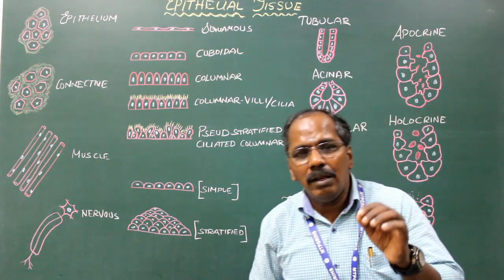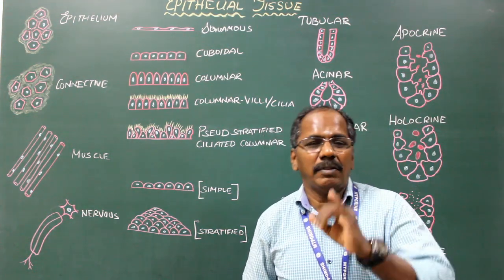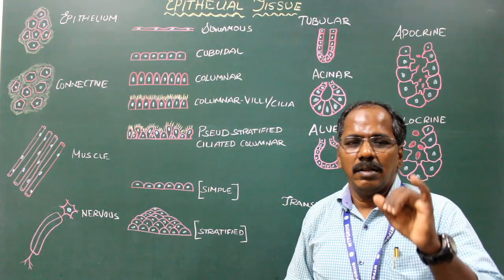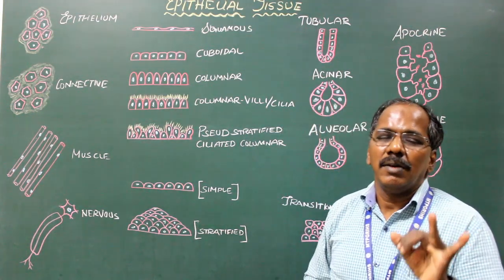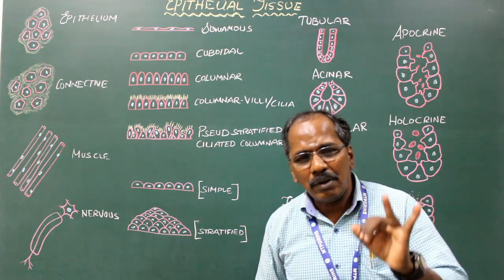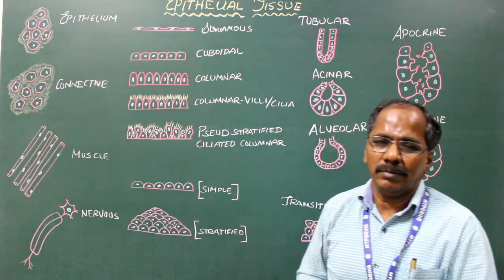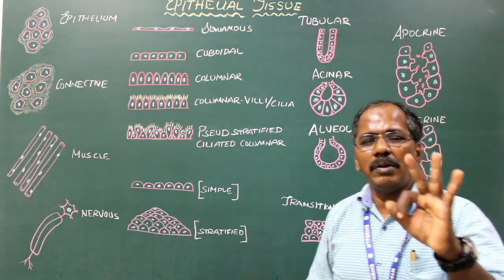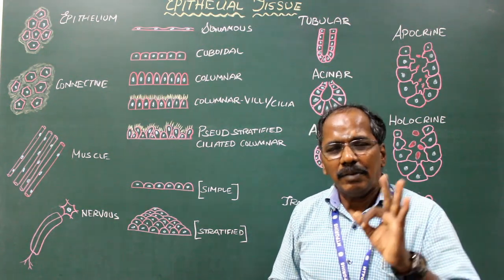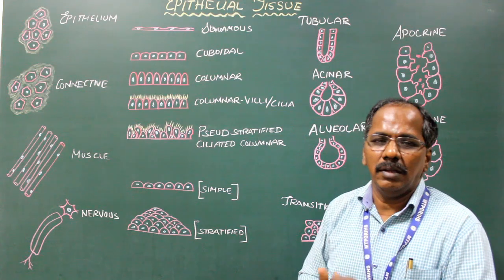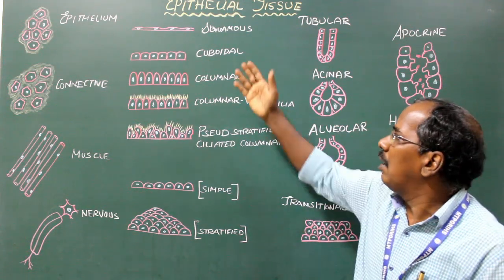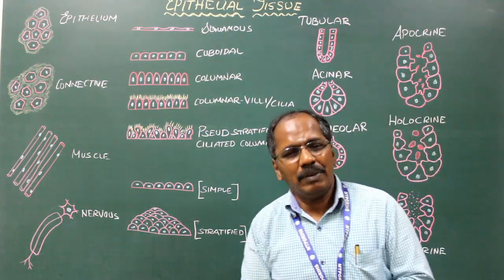Examples: epithelium of alveoli of lungs. Number 2, mesothelium, that is the epithelium lining the peritoneum, pleura and pericardium. Number 3, endothelium, that is the epithelium lining the blood and lymph vessels. So these are the examples for simple squamous epithelium.